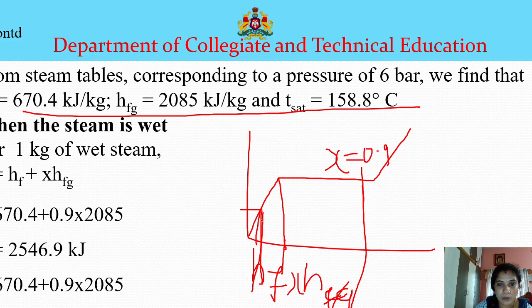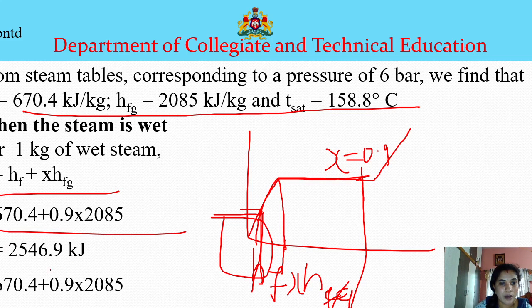I need to remove the heat that is required to raise the temperature till 25 degrees Celsius. You have to remember that. So, I need only the heat that is required to raise from 25 degrees Celsius to the X equals 0.9 condition. So, since it's a wet steam, I'll substitute the value and get the answer for that.